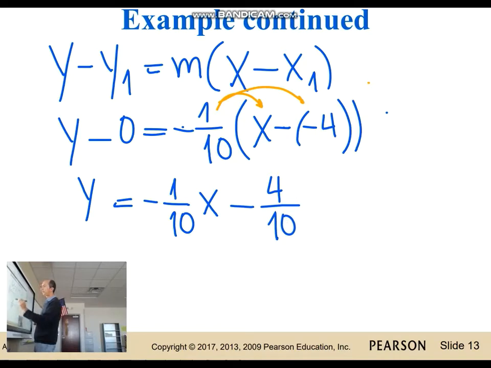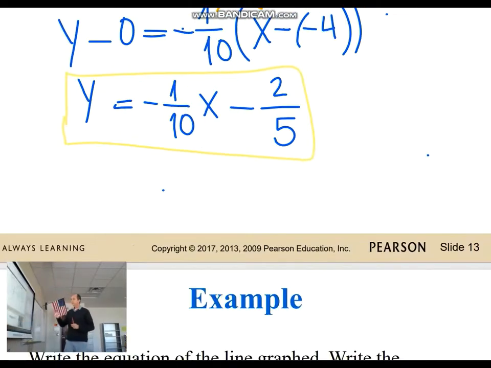Or you can simplify, and this is going to be 2 over 5. After you simplify, 2 over 5. This is the right answer. Just check and make sure we have the right answer. This is the answer using the slope-intercept form.